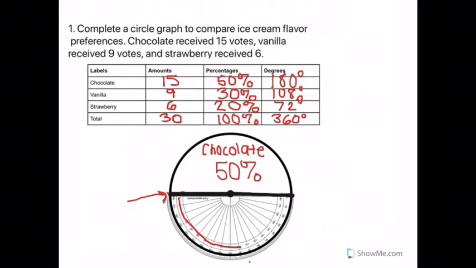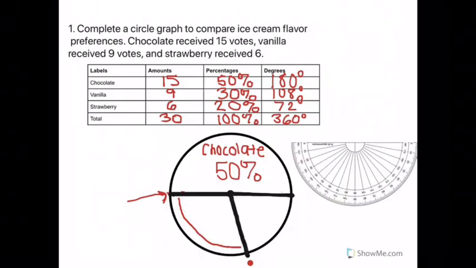Then you connect that point. I'm going to make my point a little bit bigger. And right there for mine, connect that point to the center of your circle. Okay, so there I connected that point to the center of my circle. Let me get rid of some of these markings.